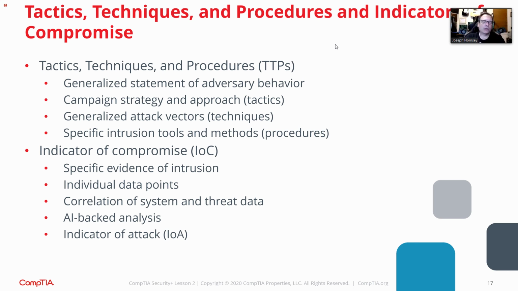I'm trying to disrupt communications and infrastructure or whatever. Well, then from there, what are my attack vectors? Well, I'm sending out phishing emails. That's my attack vector. And then the actual specific tool that's the payload being delivered is the Ryuk ransomware kernel, that kind of thing. So that's what we're talking about with TTPs.